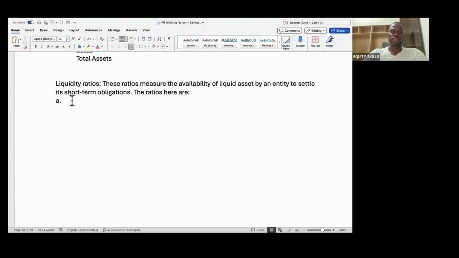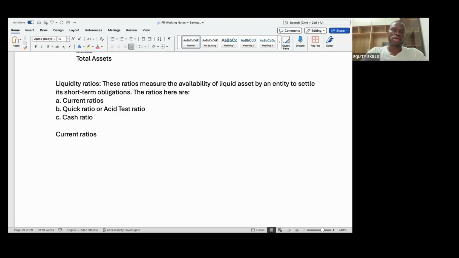We have current ratio. We have quick ratio or acid test ratio. And also we have cash ratio. These are the three common ratios that we have for liquidity ratio.